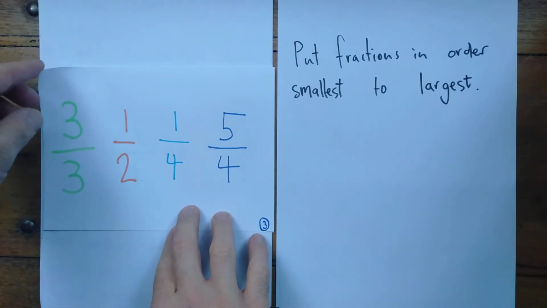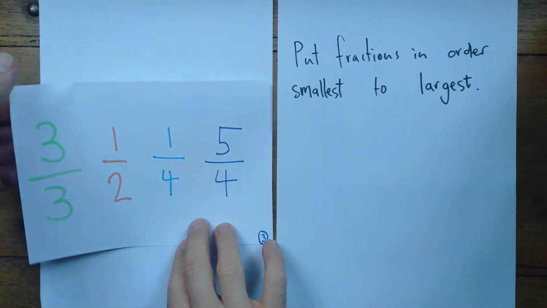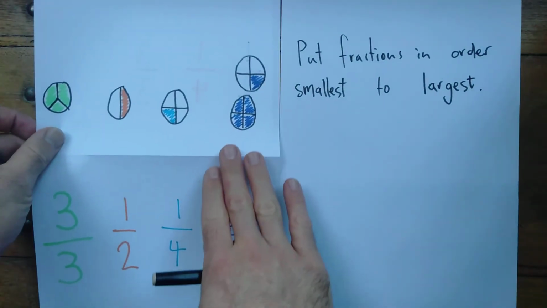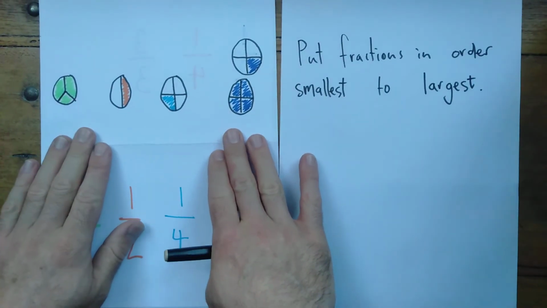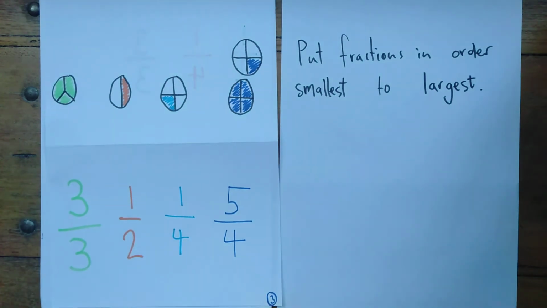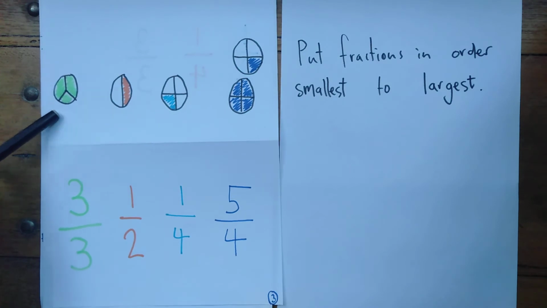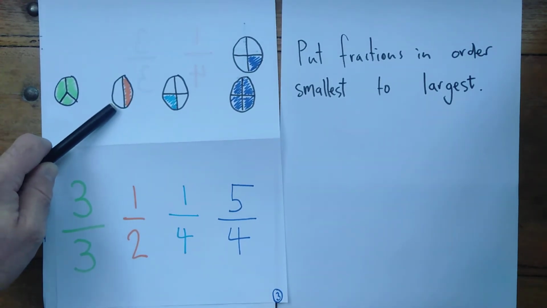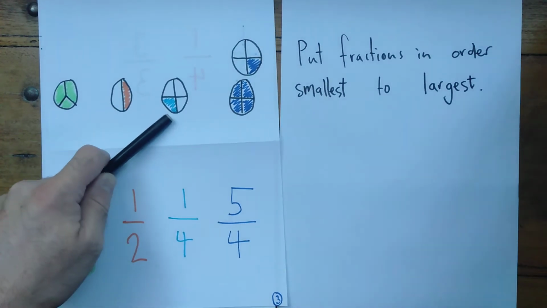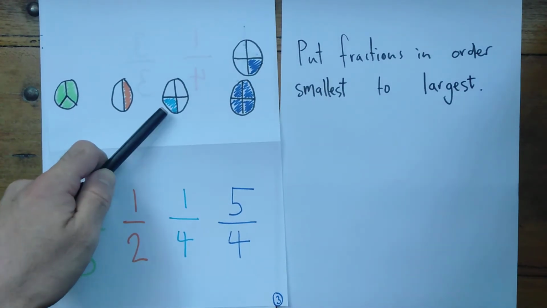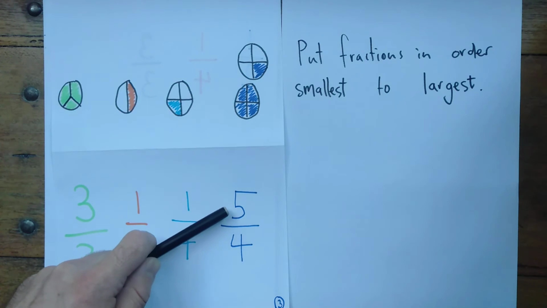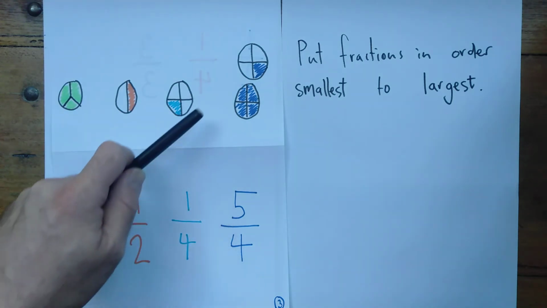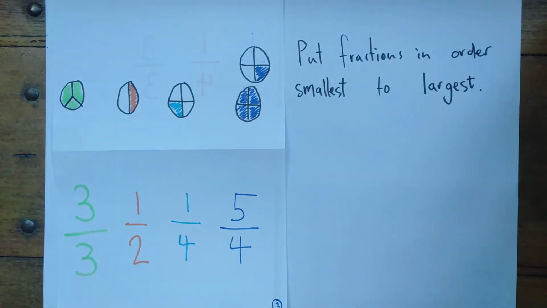And in fact, here's one that I prepared earlier. So you can see here 3/3 are represented with this picture. 1/2 is represented here. 1/4 is represented here. And 5/4 is represented here.